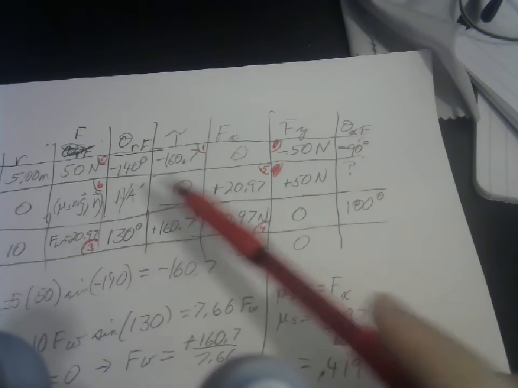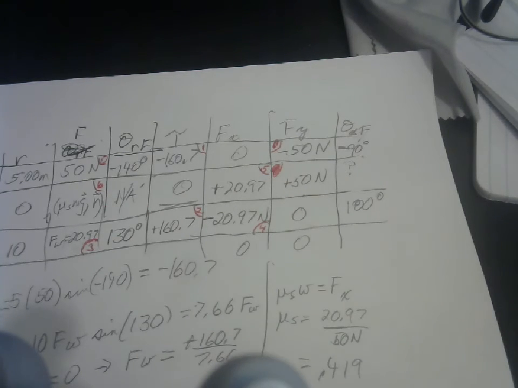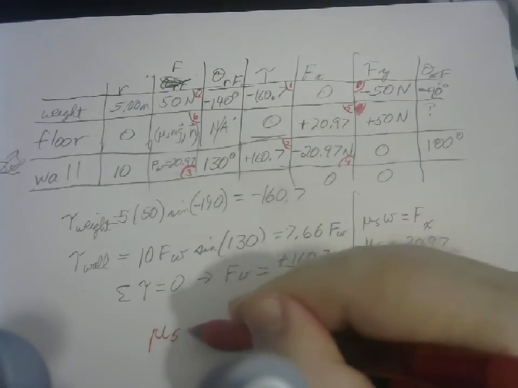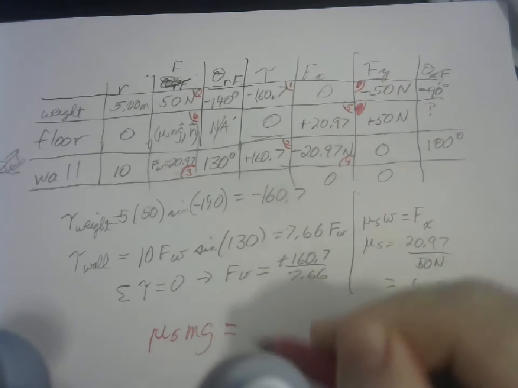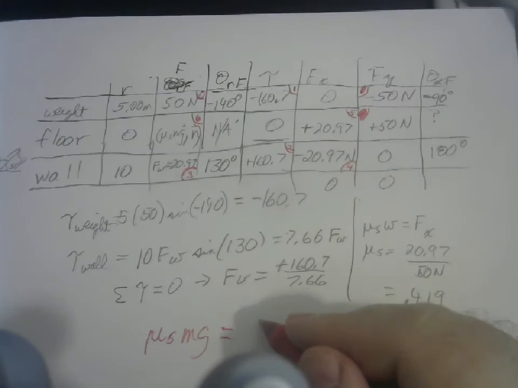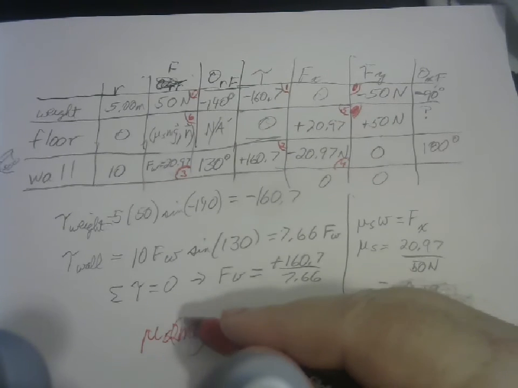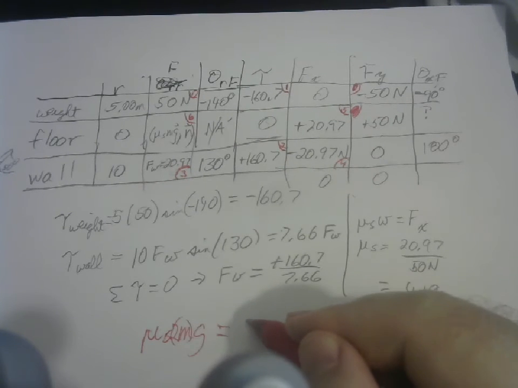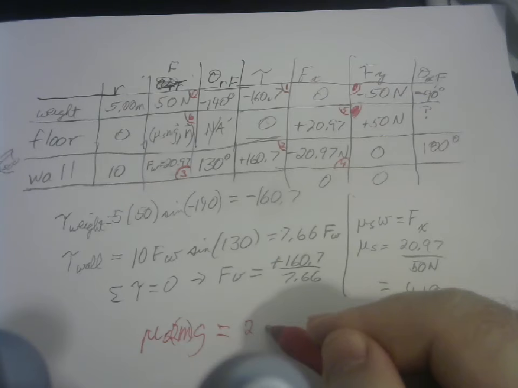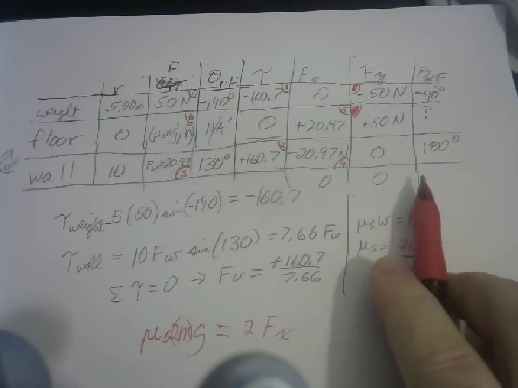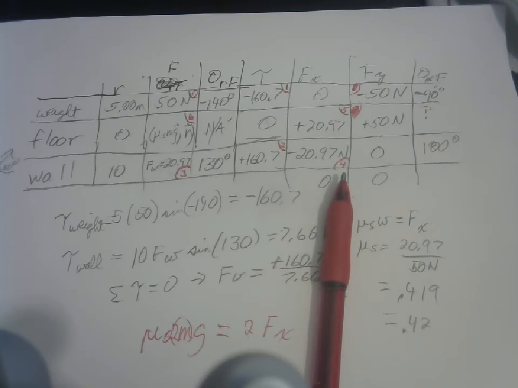And finally, you'd have mu sub s mg equals twice the amount, but you've also got double the mass, so 2 f sub x. So it ends up being mu sub s would be unchanged.